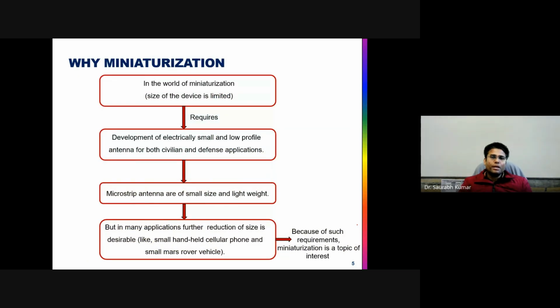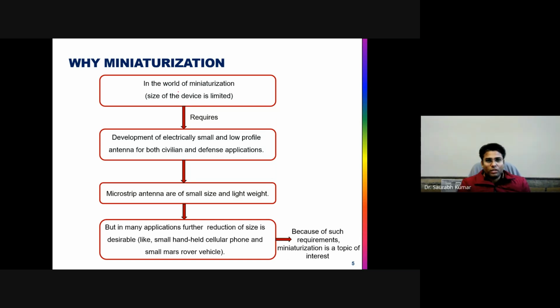Now, why miniaturization? Why is it required? As you know, this is the world of miniaturization. The device size is compact, or one can say the mobile phones are now not the compact ones you found before. Those were keypad phones, so they were of small dimension.